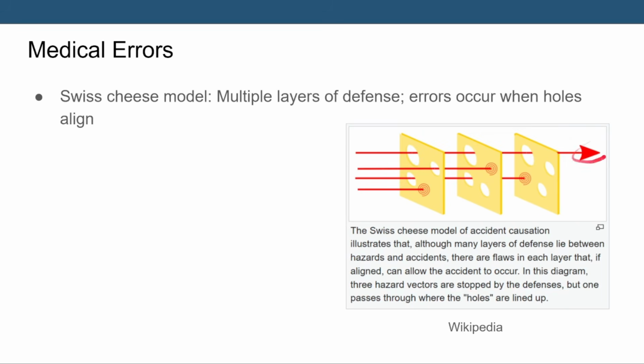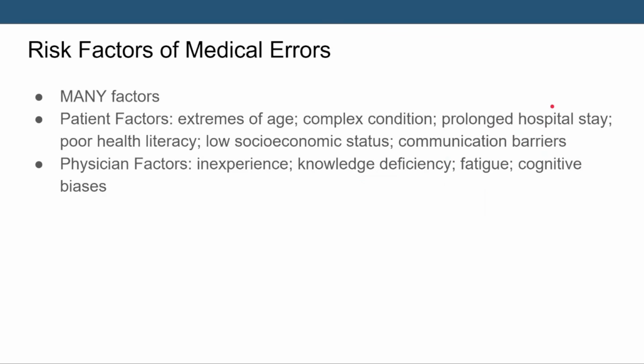So let's say this is going to be a medical accident where a patient receives a wrong dose or a severely high dose of an opioid and it leads to death. So these are the errors that are in the system which lined up and they caused the accident. So there are multiple layers of defense and the errors occur when the holes align.